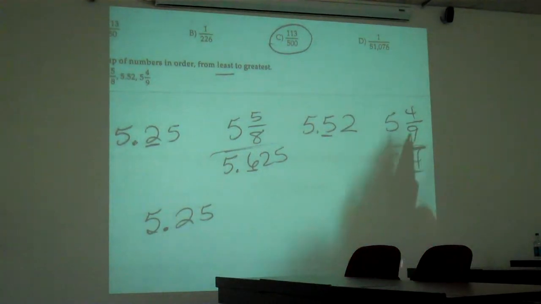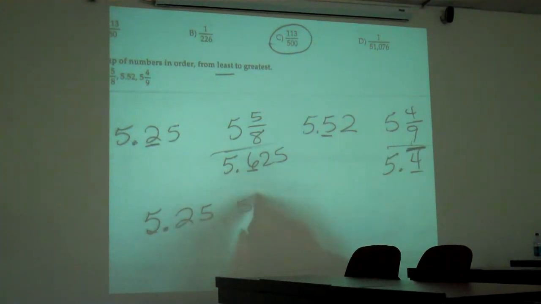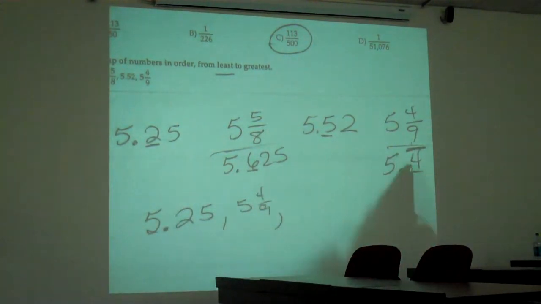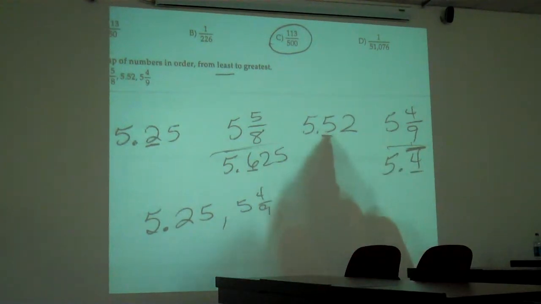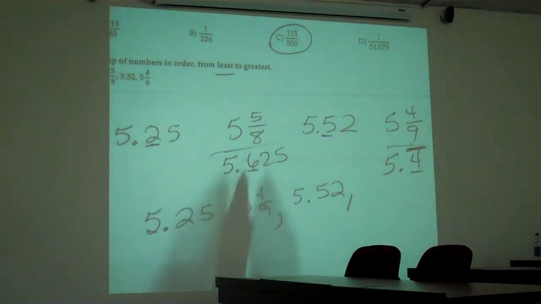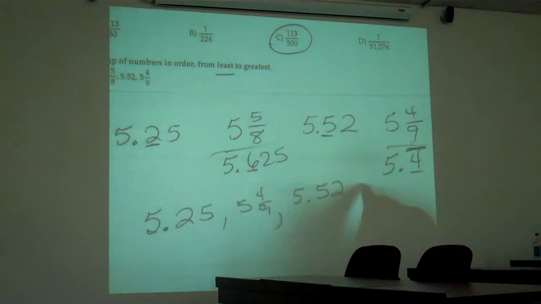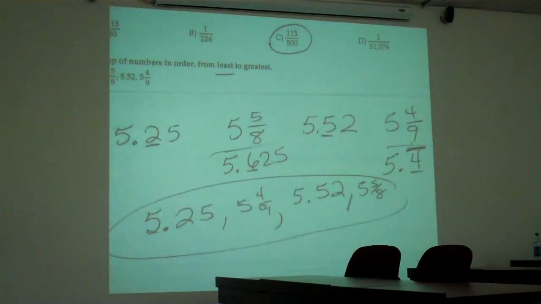Put it as the original number though. 5 4/9. What's the next one? 5.52, right? And the next one? 5 5/8. So that puts them in order.